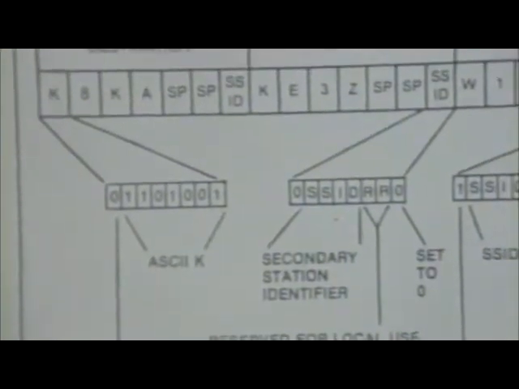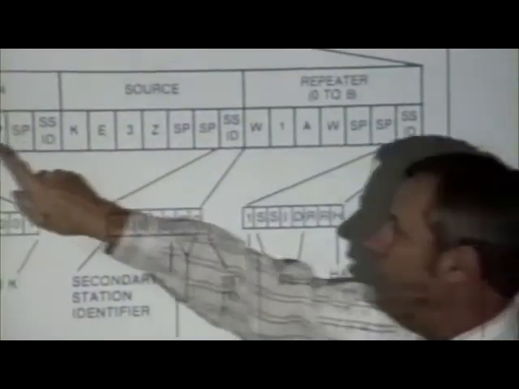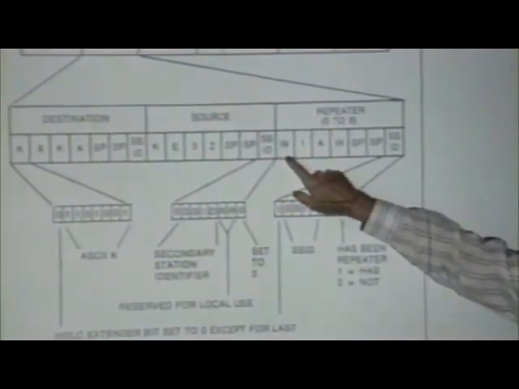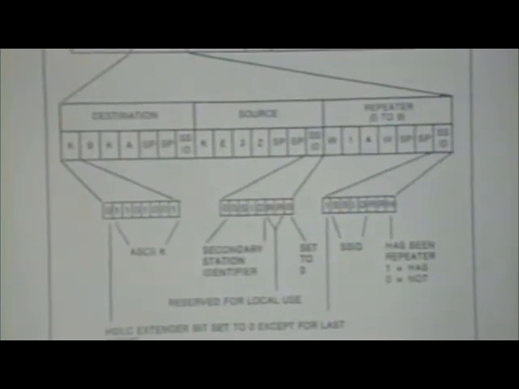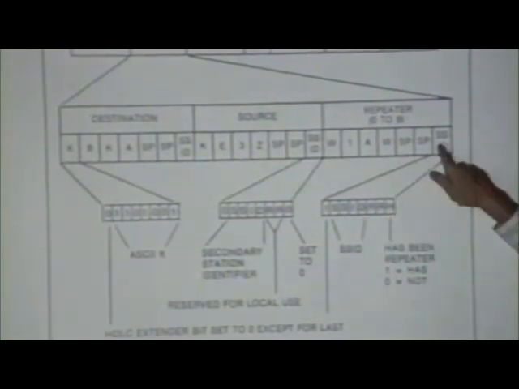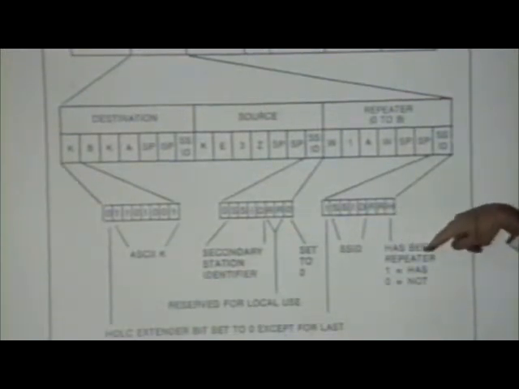Here's what's called the repeater. In other words, KE3Z sent the packet to K8KA via this digital repeater that we'll talk about later on. And a repeater can have an SSID. It's got a special bit in here called has been repeated.